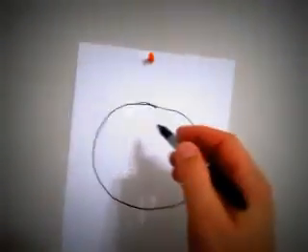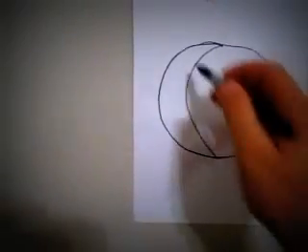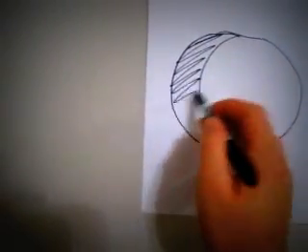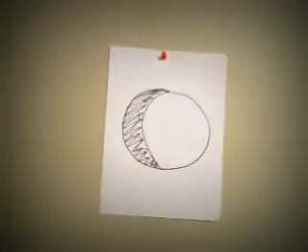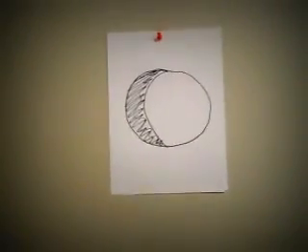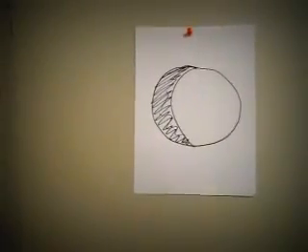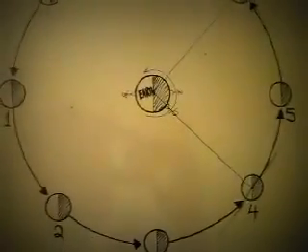So that's the way it's going to look right there. And that's the way the moon will look from Earth when it's in position 4, according to this model here.